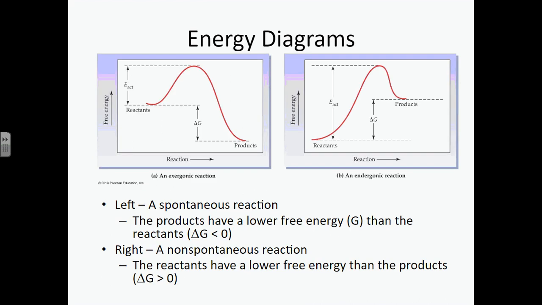Now let's look at some energy diagrams. If you look on the left, you have a spontaneous reaction, and the products have a lower free energy than the reactants. That ties to that first equation where you're comparing your products and your reactants. Therefore, your delta G value is going to be negative. Now, on the right, a non-spontaneous reaction occurs, and that is not a favorable reaction.